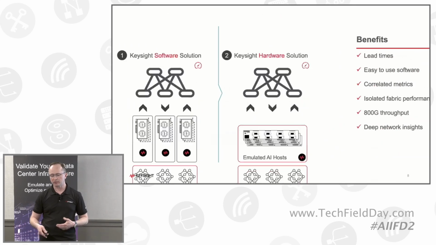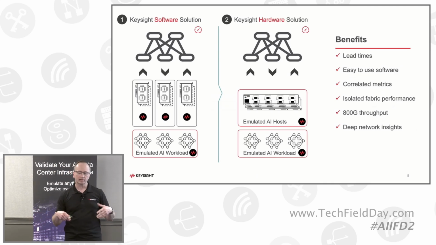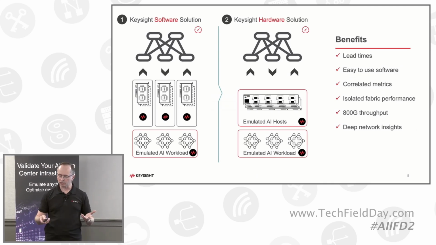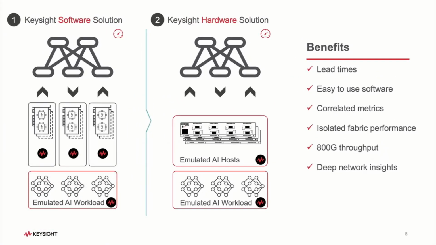For that case, we have a second solution that we use with exactly the same Keysight Data Center Builder software, but instead of using real servers with the network cards, we emulate those network cards using our Keysight traffic generators. Every single port of them can emulate one or more RoCE network cards.